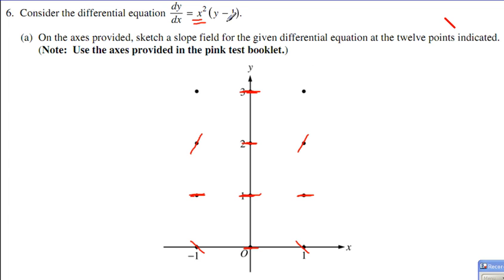Now 1 comma 3, then this portion becomes 2 and 1. Slope is 2, so I'm just going to make it steeper than this one. Steeper. Now, that was part A.